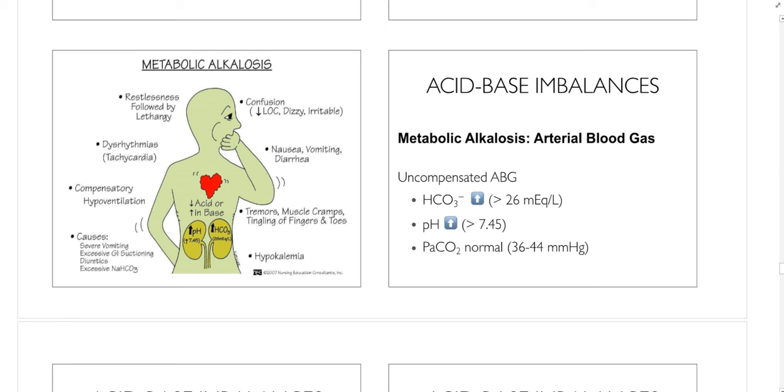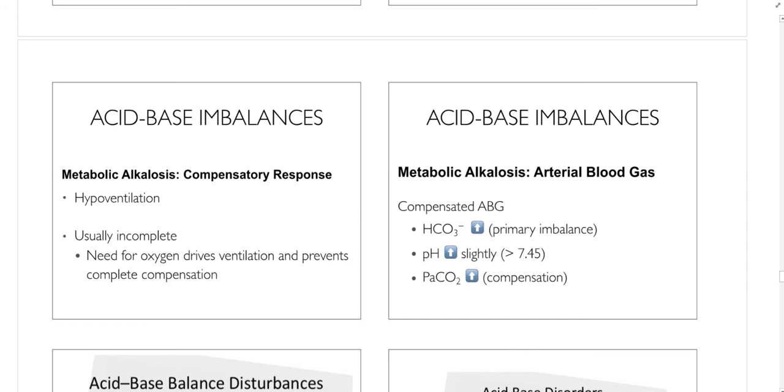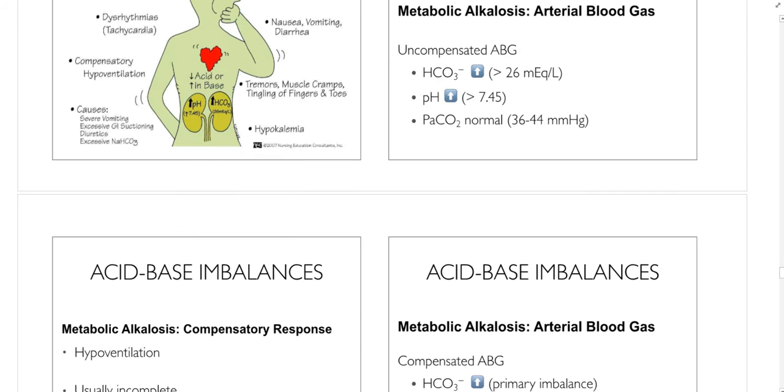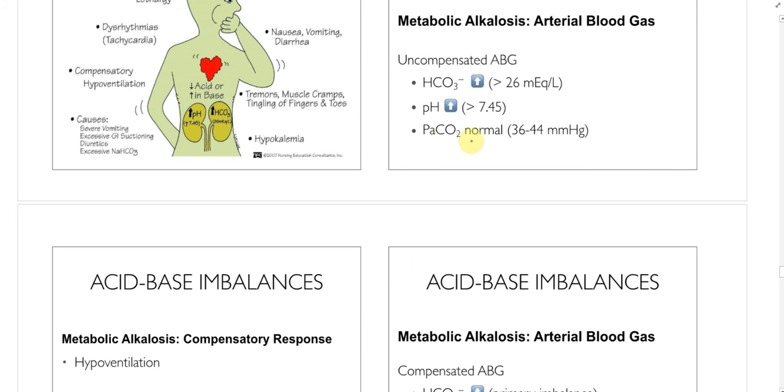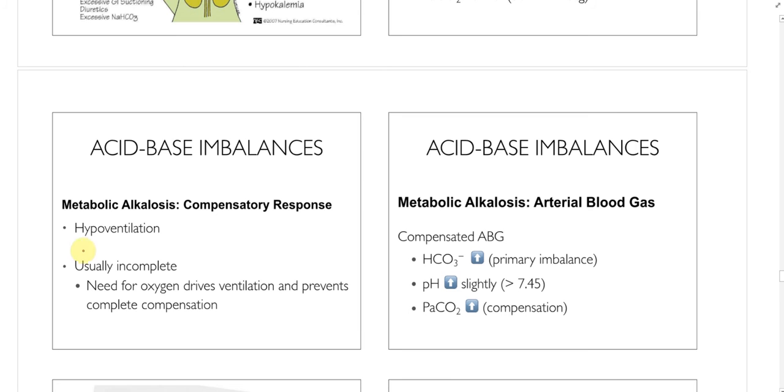But the compensatory mechanism is going to kick in pretty quickly, and we're going to see the PaCO2 going up because we're going to stop breathing so fast. We're going to go into hypoventilation to try to compensate for this metabolic alkalosis.